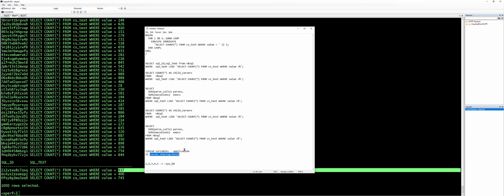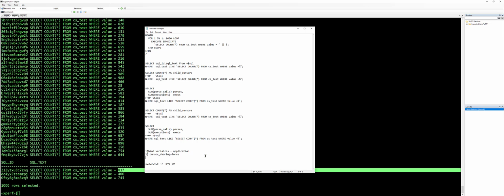But in real-time production systems, setting this at the session level is almost useless, because the DBA does not have control over the application sessions.